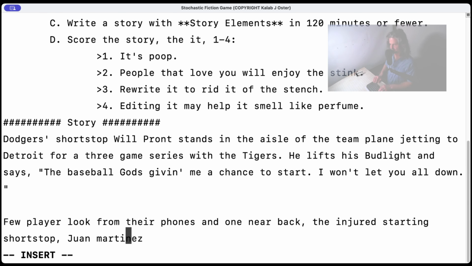Juan Martinez. And one near the back, the injured starting shortstop, Juan Martinez Spears. Scoffs.